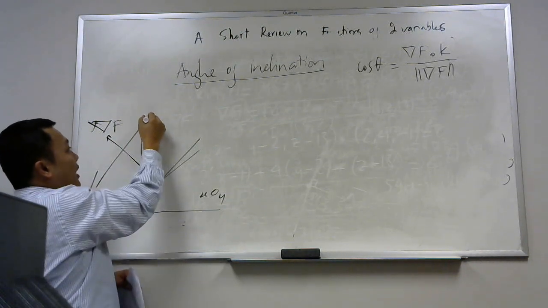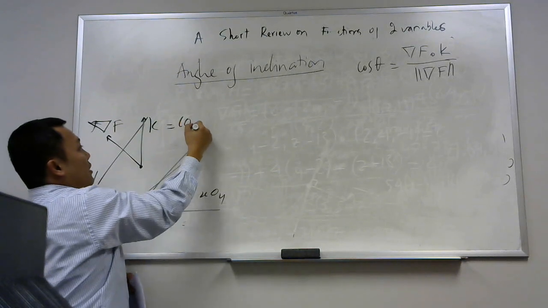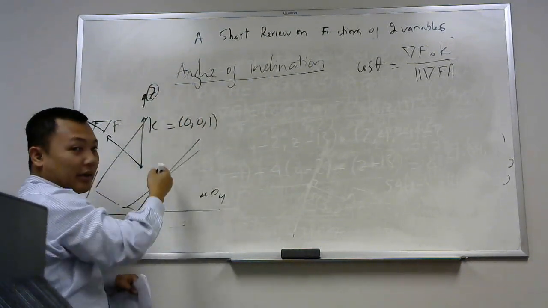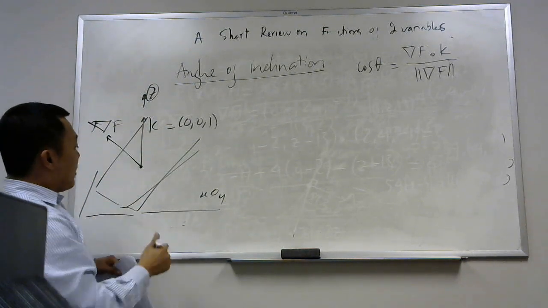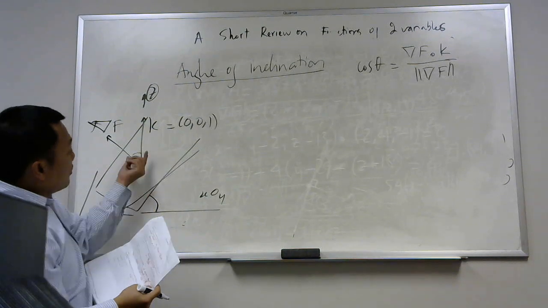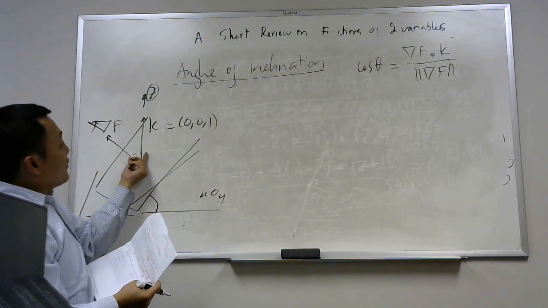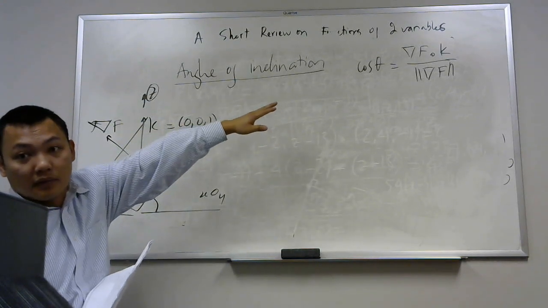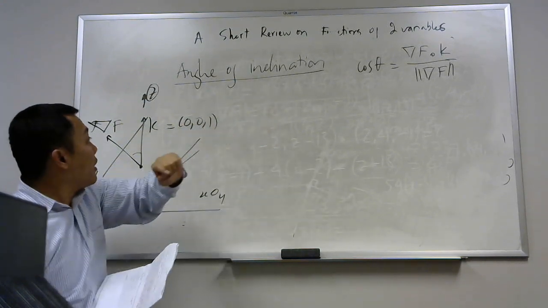And this is the k, right? K is 0, 0, 1. This is in the z direction. So basically, these two angles are equal. So instead of finding this angle, we find this angle, right? Means we have to find the angle between these two vectors. And we know the formula from the very first chapter of this course.